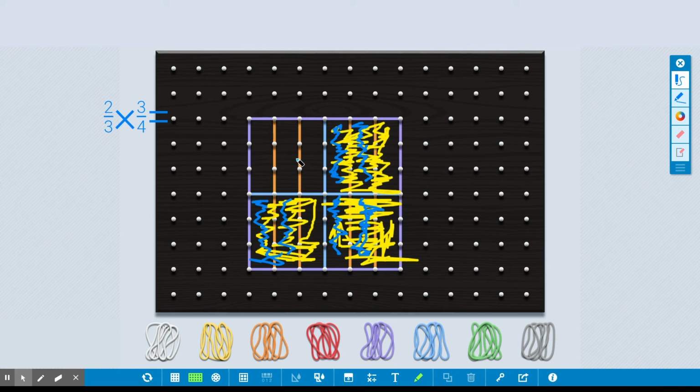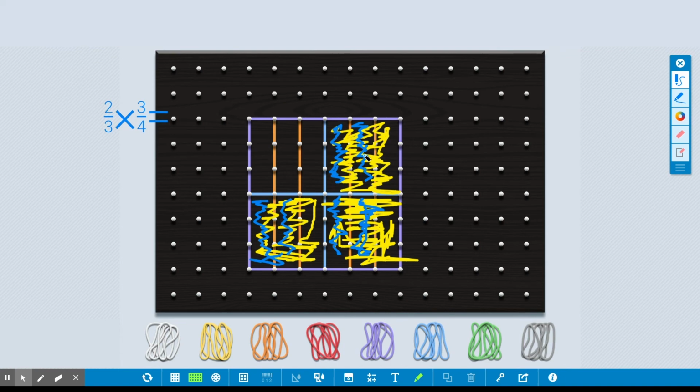And I'm leaving this one open because I don't have anything there from my 3/4. All right, so my next step is I can find my answer. My answer is 2/3 of my 3/4. So that's everything I've shaded in blue.